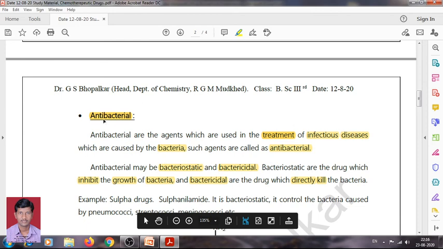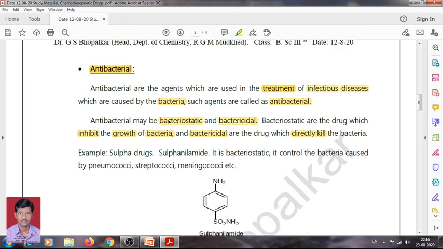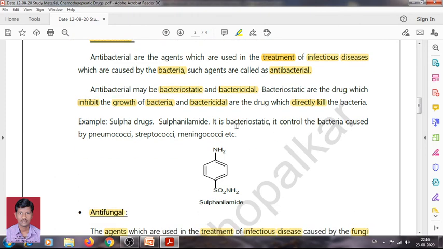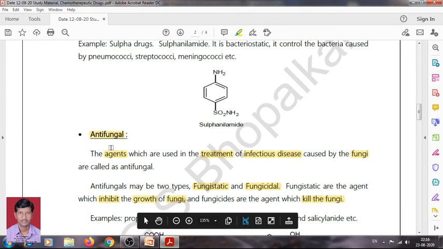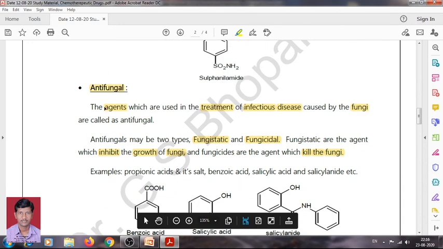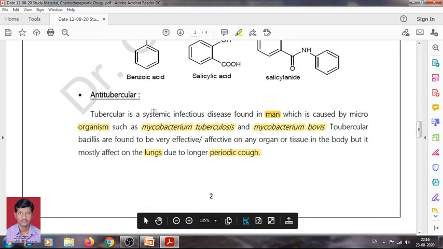Now I have already told about the antibacterial also. What are antibacterials? How they work and how they are bacteriostatic and bactericidal, and these are the examples. Then we have discussed the antifungal. What are antifungals? Antifungals are also fungistatic and fungicidal, and these are the examples.